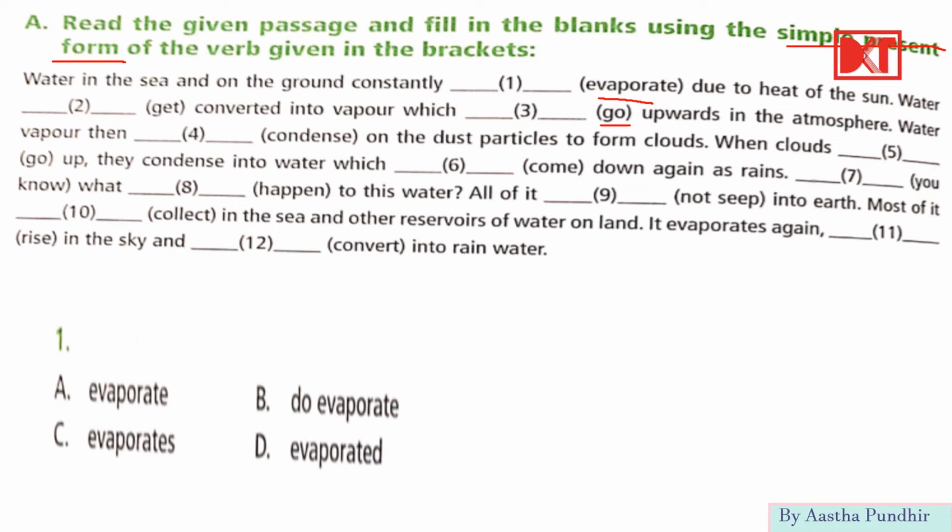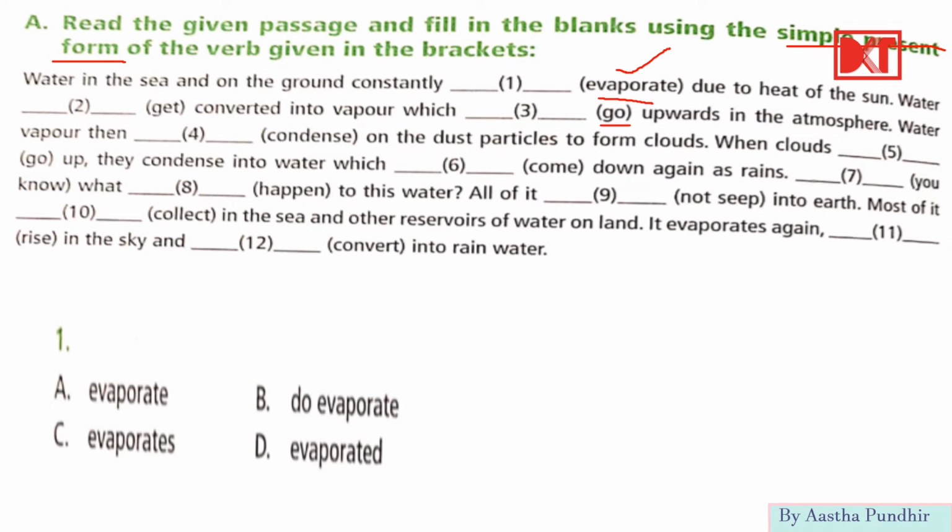Now the first blank says, water in the sea and on the ground constantly dash due to the heat of the sun. So here we have the verb evaporate. Let's see what is the answer. The option is A. Constantly evaporate due to heat of the sun.